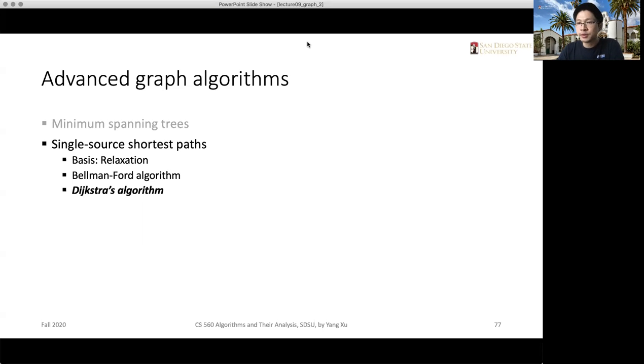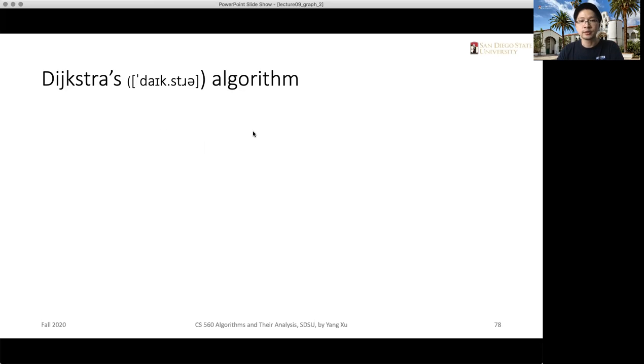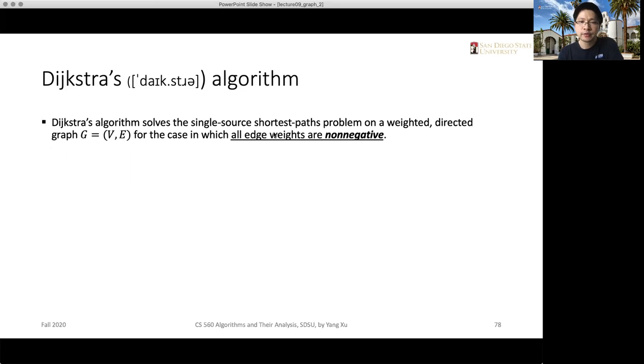Okay, so we will finish the advanced graph algorithms today. Dijkstra's algorithm is for solving the single source shortest path problem. Previously we went through the Bellman-Ford algorithm, and we found that Bellman-Ford is not that efficient because it needs to make V passes. In each pass, we need to relax all the edges in the graph.